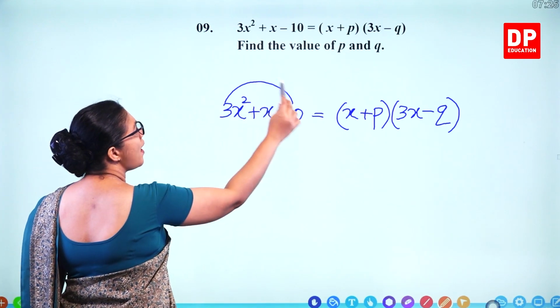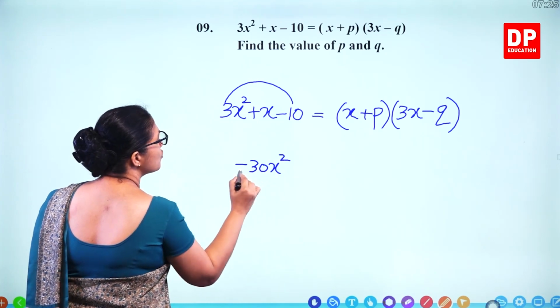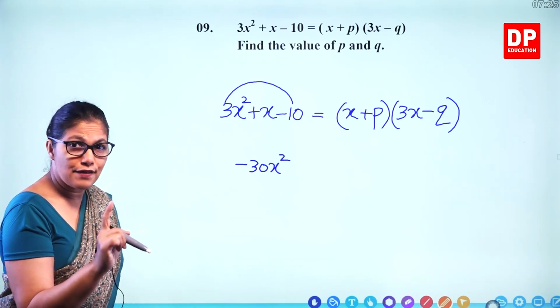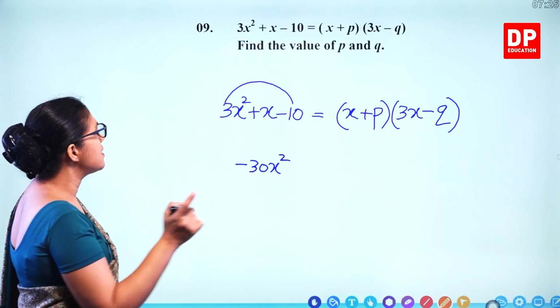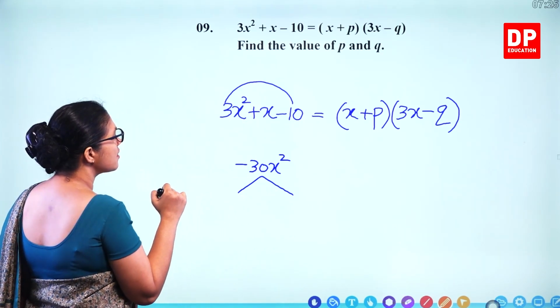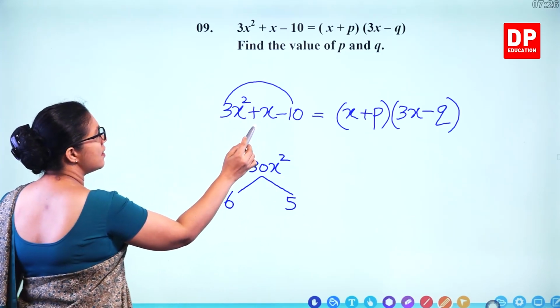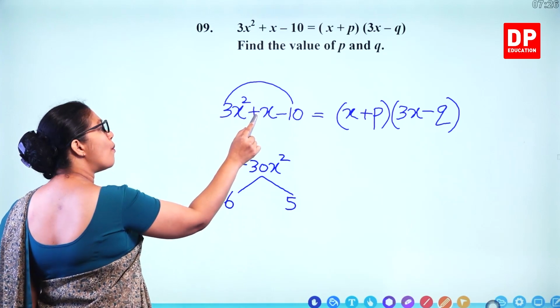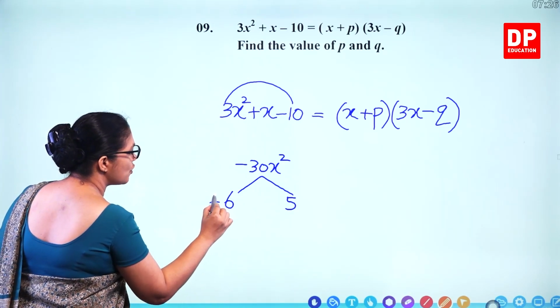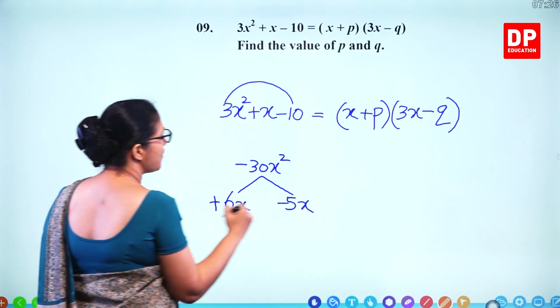So 3x squared into minus 10 is minus 30x squared. So minus means you have to take the difference. So difference is plus 1. So what are the factors? 6 and 5. But negative value, middle term is positive. So the bigger one is plus 6x and minus 5x.